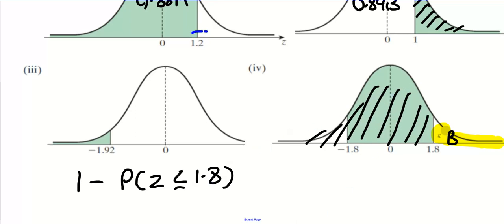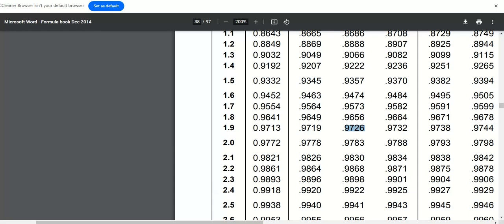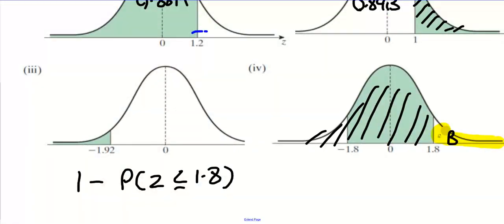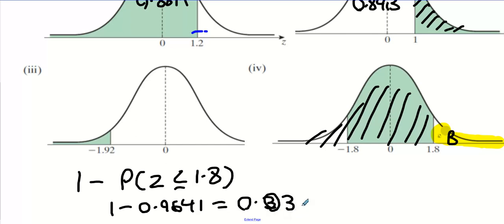So let's go to our tables. Where's 1.8? Everybody see it there? 0.9641. And then what we do is we go 1 take away 0.9641. And what do we say the answer for that is? 0.0359, yeah?